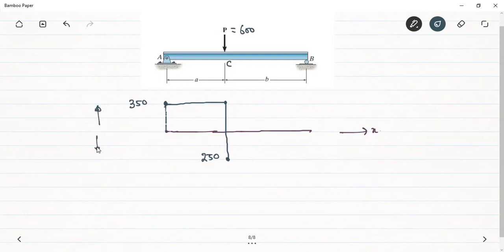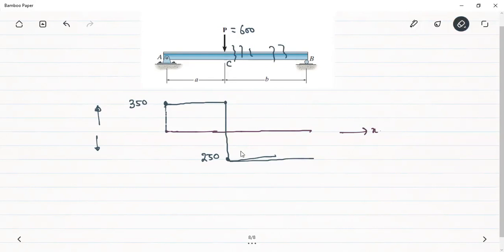After that, this shear force remains constant, isn't it? For this section, from C to B, there isn't any other force acting. This shear force is just to the right of C, and if we take any section just to the right of C or away from C, up to the point B, there won't be any other shear force. Therefore, it will remain constant.